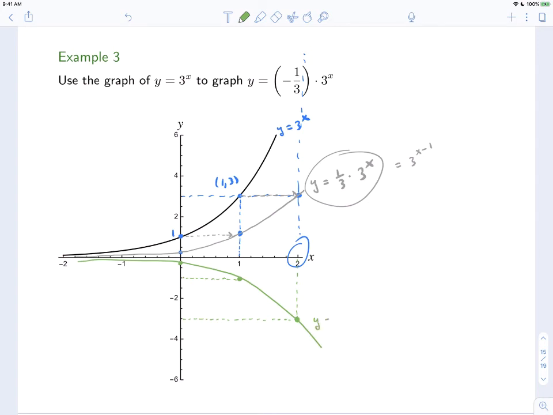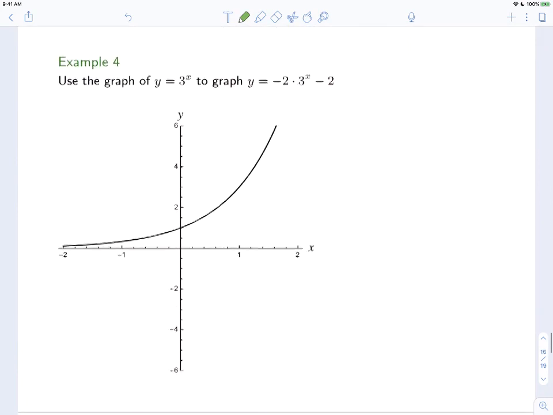So this is y equals minus 1/3 times 3 to the x. Let's just comment that the horizontal asymptote here is still y equals 0, and the y-intercept is now the point where x is equal to 0 and y is not positive 1/3 but minus 1/3. So that's the graph of y equals negative 1/3 times 3 to the x.